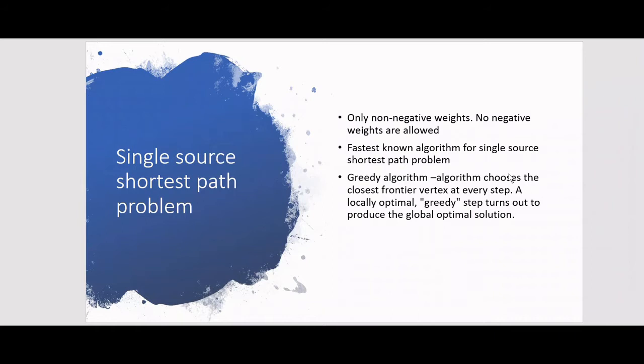When I'm starting the journey, I mark the distance at source node equal to 0, and from there I select the node which is closest to source vertex, and then I continue this throughout the graph.